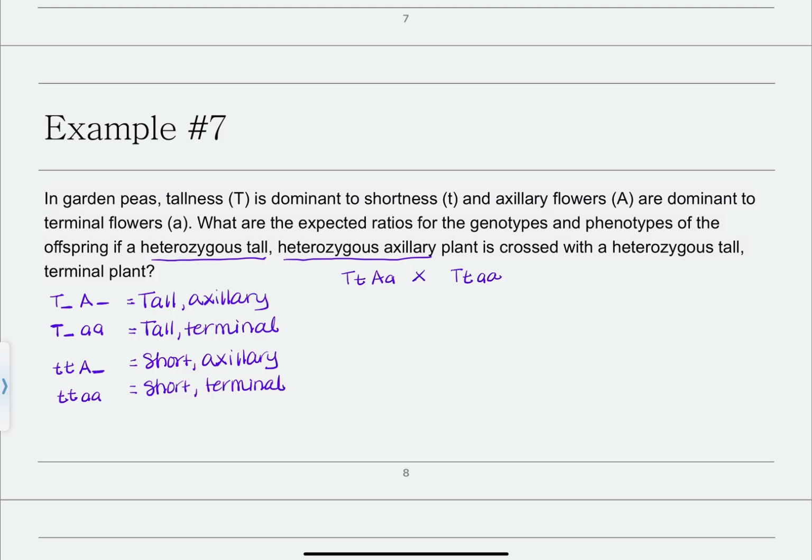So now we have to make our Punnett square, which is much larger.